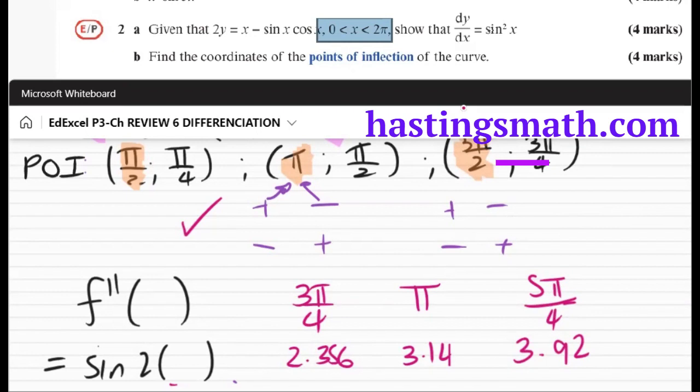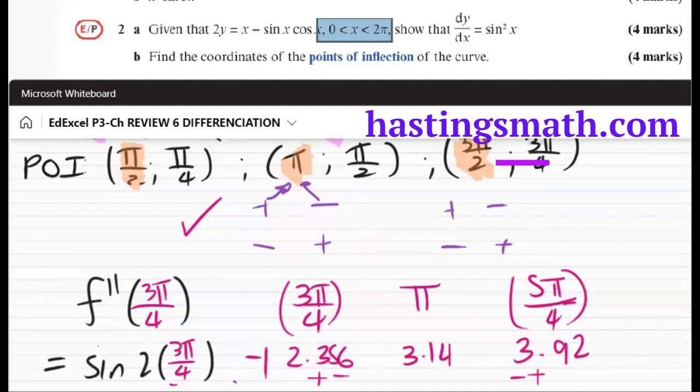So we need to see a sign change from this to this. One of them must be positive and the other negative. They have to be different to each other. So if we sub this in, we first sub in 3 pi over 4 in your calculator. Sine of 2 times 3 pi over 4 is -1.